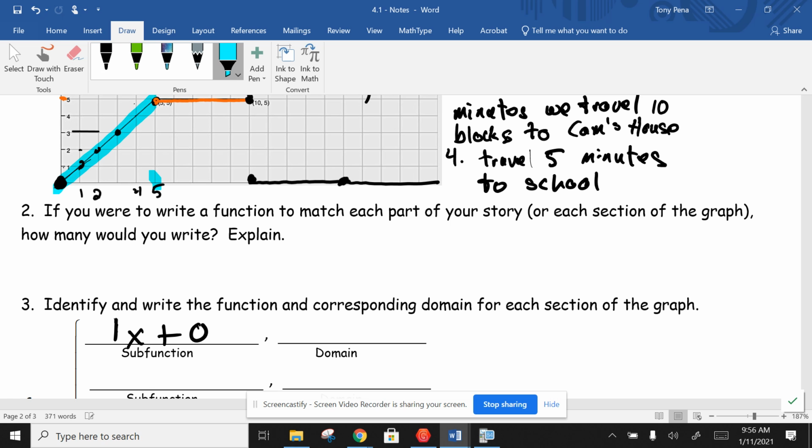Remember what your domain is. Your domain is your x values. Now, putting this in terms of time, I hope makes this a little bit easier if you think about domain. How long did it take us to get from home to the gas station? That's your domain. That's how long it took. Well, didn't that take us 5 minutes? So the way we're going to write that is it took us from 0 to 5.